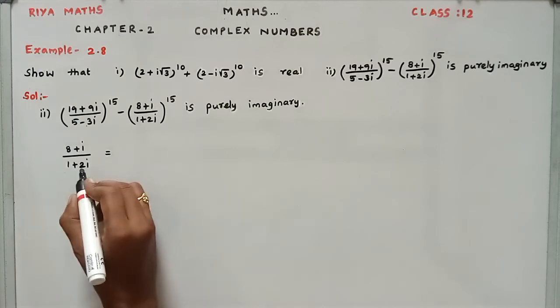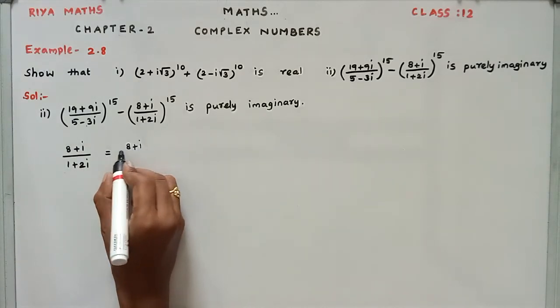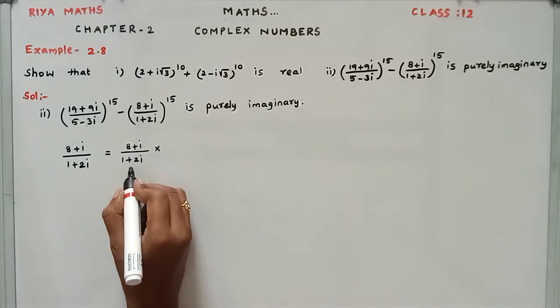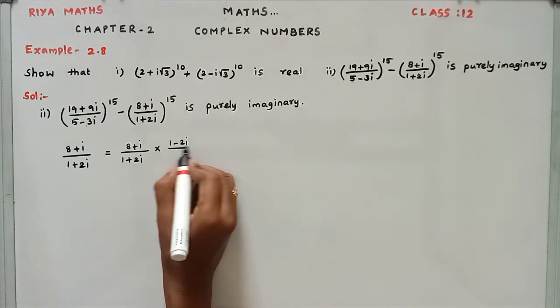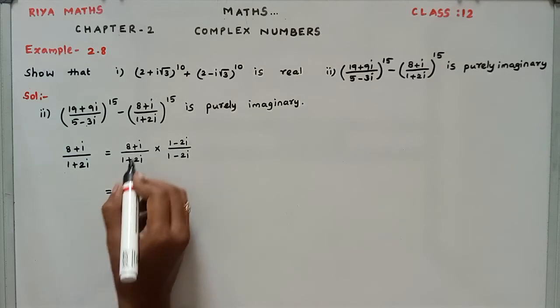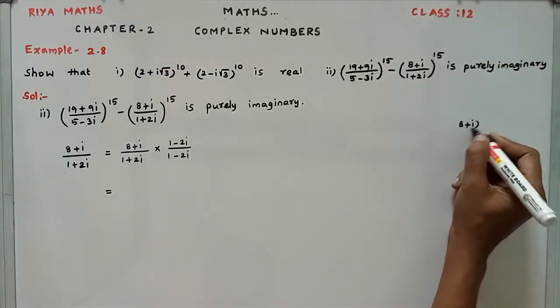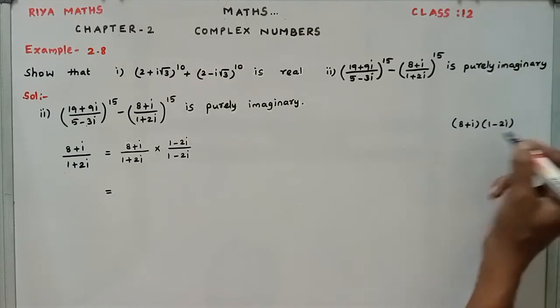Next we take the second term, (8 + i) by (1 + 2i) into the conjugate of the denominator, (1 − 2i) by (1 − 2i). First we multiply the numerator, (8 + i) into (1 − 2i).